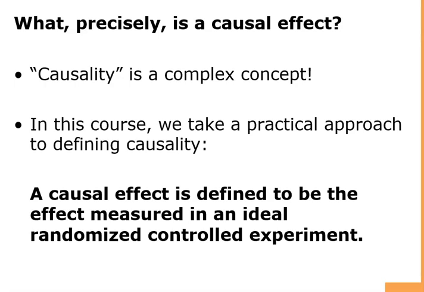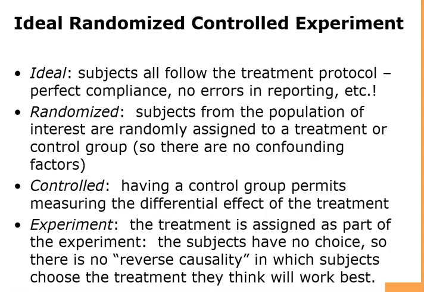But if somehow we could run a randomized control experiment on the relationship between student-teacher ratio and test scores, that will get us to true causality, because it will not have any biases or confounders. We will actually be just measuring the effect of student-teacher ratios on test scores, because everything else will be assigned randomly.